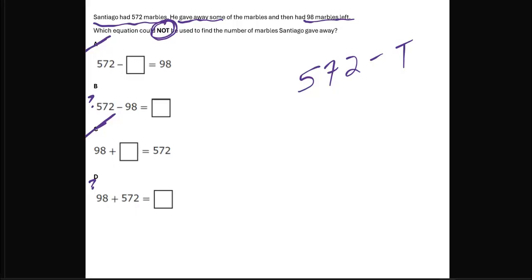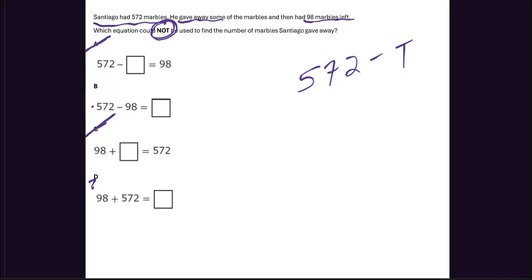If we did that, it would give us the total of how many marbles he gave away. Okay. So that one would be a correct way to do it, but they want the one that's not correct, so that would be out. Now, again, D is the right answer because it needs to equal 572, and that is not correct. So this is the one that we cannot use.